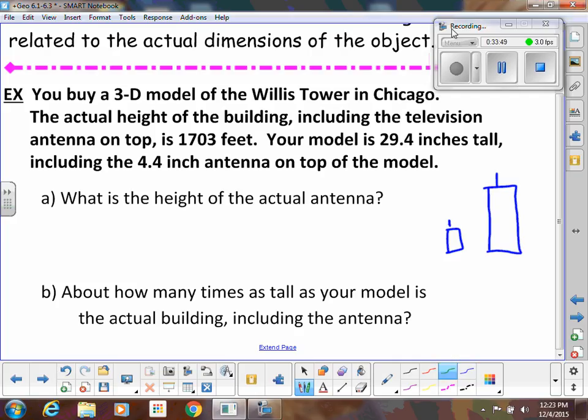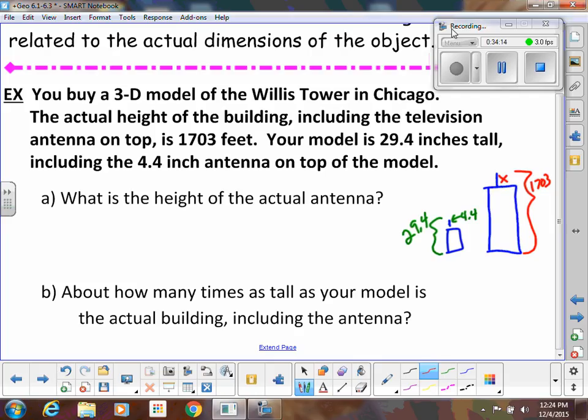So this part right here is 4.4 inches, and then this whole thing from top to bottom is 29.4. The actual building, they're telling us the whole included thing is 1703 feet. So we're trying to figure out, well, how much is the actual antenna?